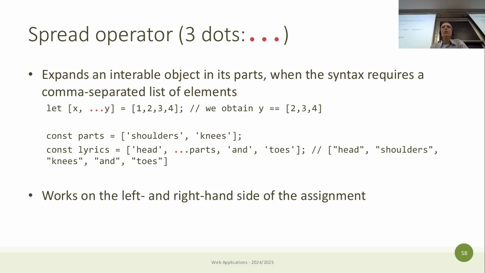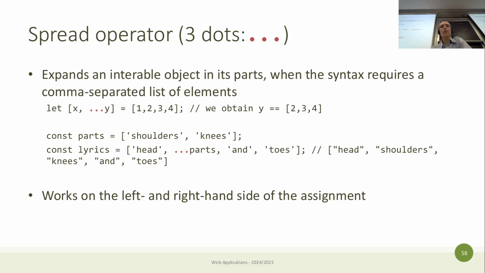Okay, spread operator, so the three dots. Well, that's really useful again. It can be used to expand some iterable object, here in this example arrays, into parts, where the syntax of JavaScript requires a list of elements separated by commas.